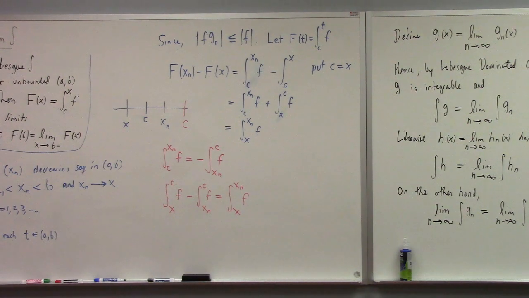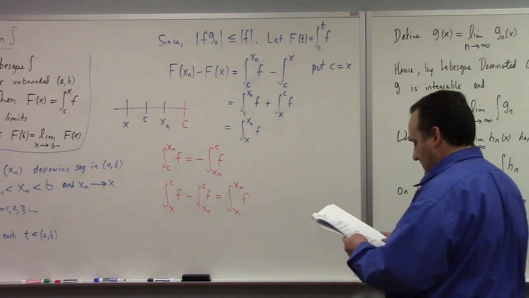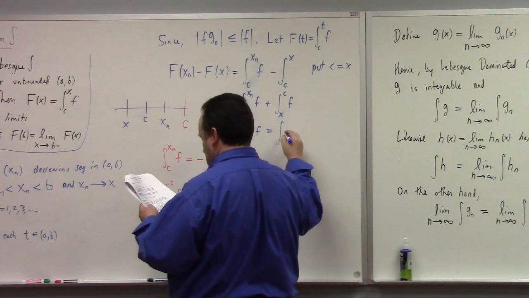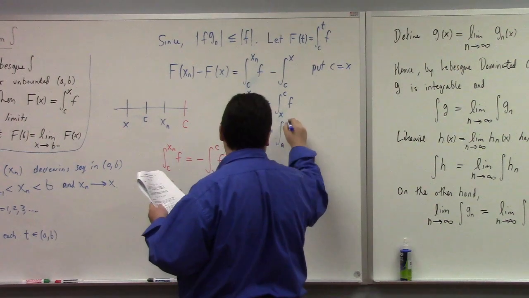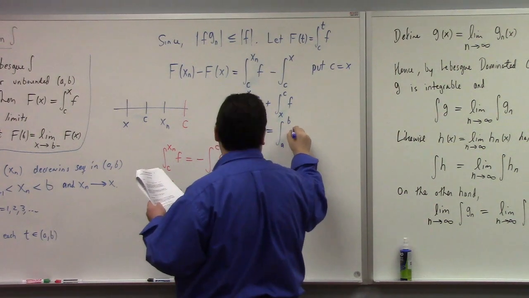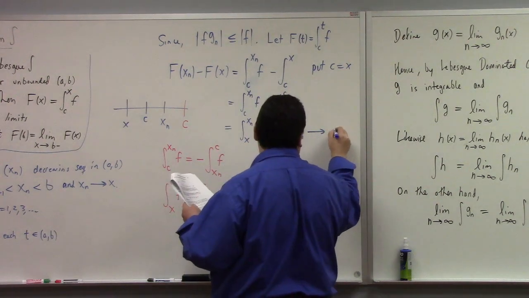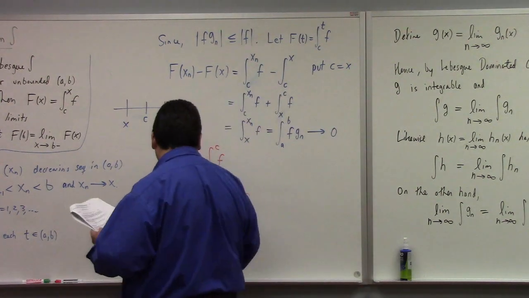All right. So then this is equal to the integral from a to b of f gn, and that goes to 0 as n goes to infinity.